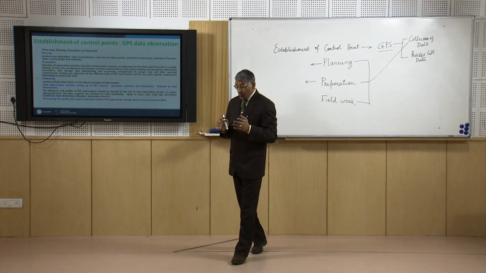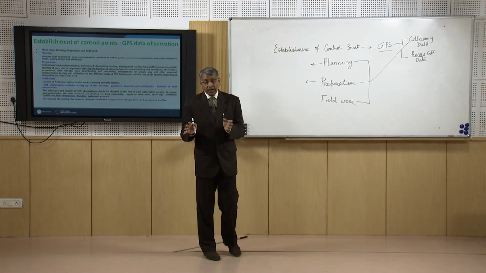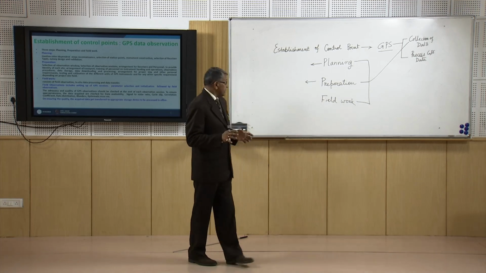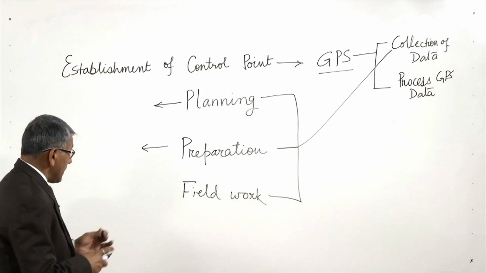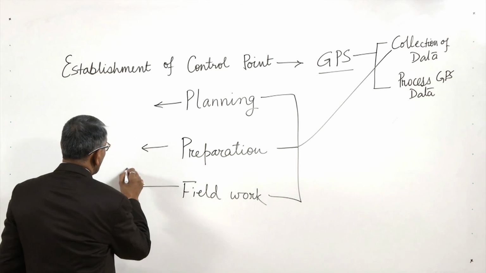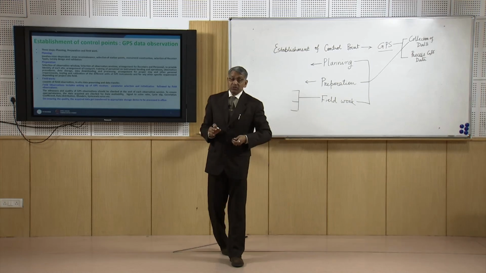Now, once we have planned properly and accordingly we are prepared for taking the field data, we should go to the field for our field work. Now, field work also consists of a few steps.